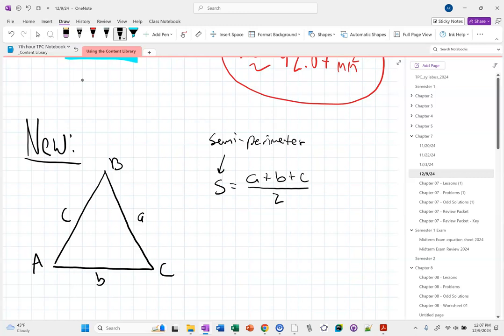So hopefully we remember that the prefix semi means half. So the semi-perimeter should be half perimeter. Well, the perimeter for a triangle is just the sum of the three side lengths. So the semi-perimeter is the sum of the three side lengths divided by 2. Okay?